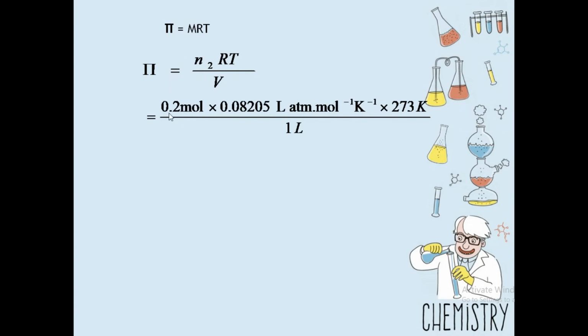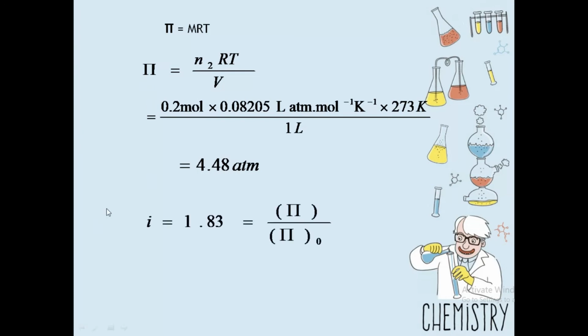So n2 is 0.2 moles, R is a constant, and the temperature of 0 degrees Celsius we have to convert to Kelvin, so 273 Kelvin. Volume is 1 liter. After calculating this, we have 4.48 atmospheric pressure, pi.